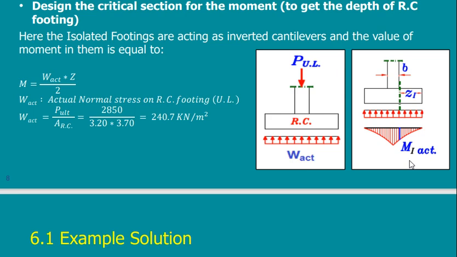In this case, I will have M1 here, M2 in the other direction, but M1 is equal to M2. They are equal to each other, so I calculate only M1. But in some cases, I may have a different cantilever, then I will have to calculate both.